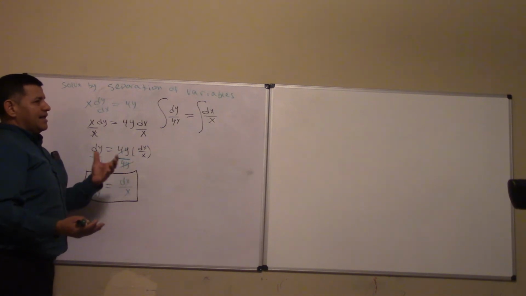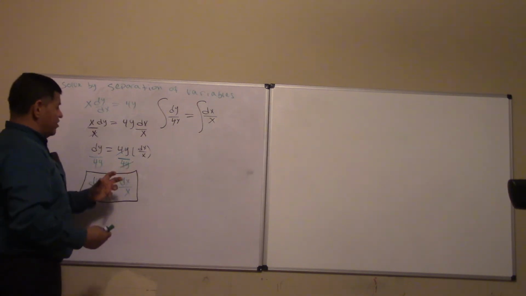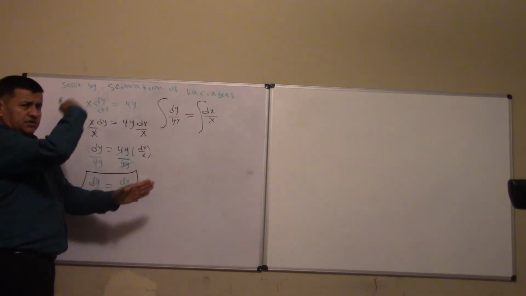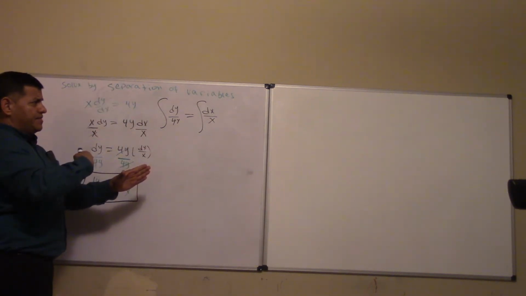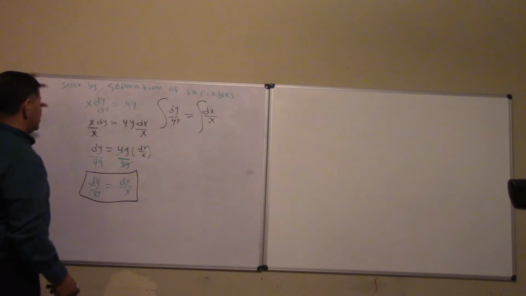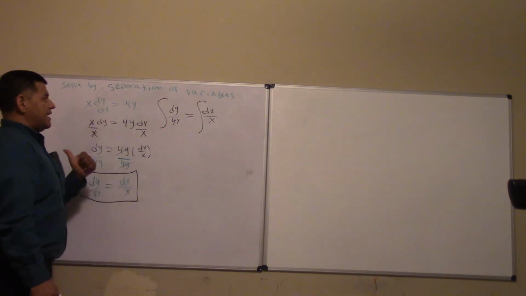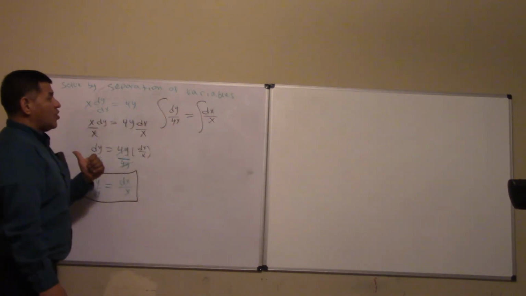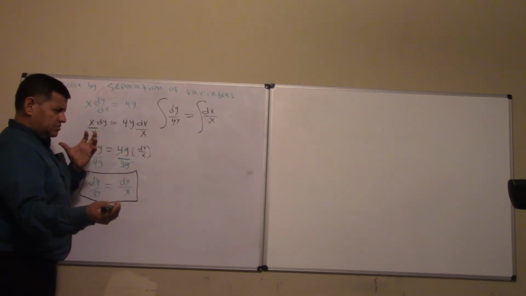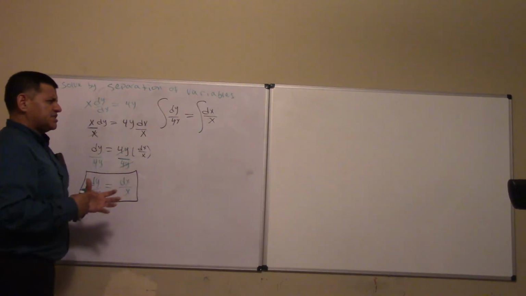But at the same time, we are kind of going backwards to the original equation, before somebody took the derivative and left it like this. Our job is to work it backwards and find the original equation that was before the derivative was taken.